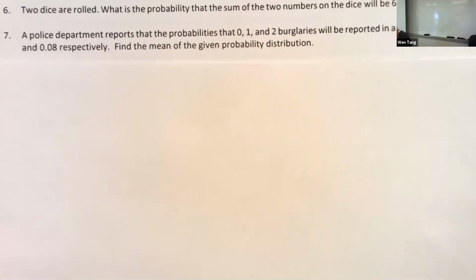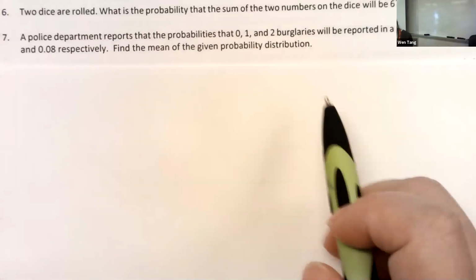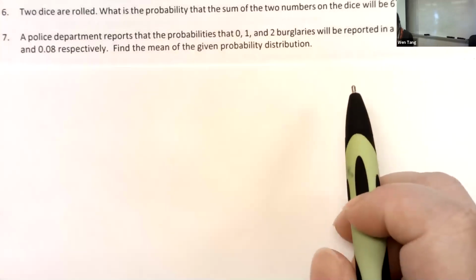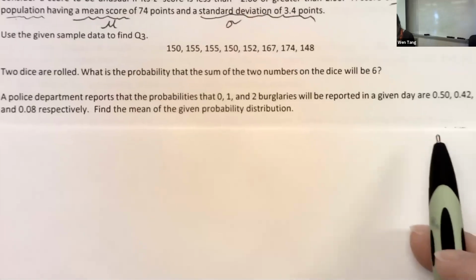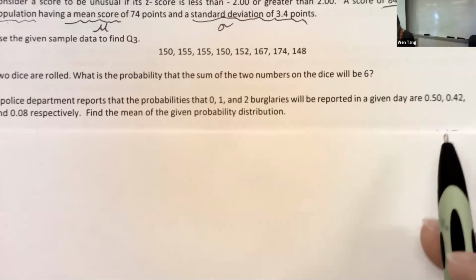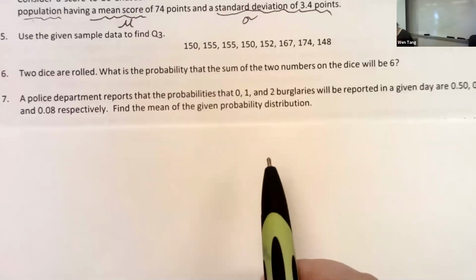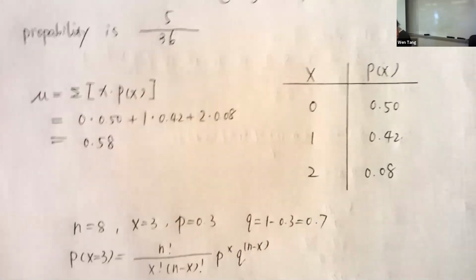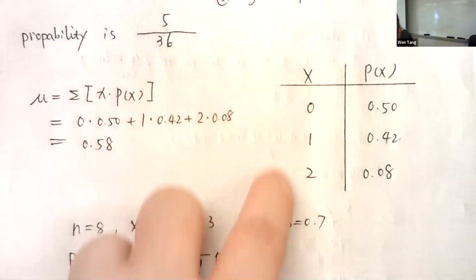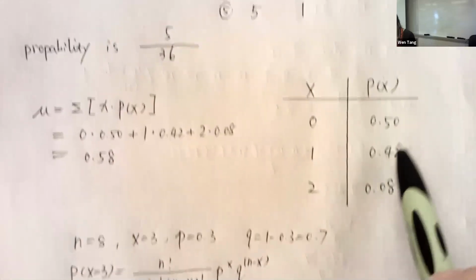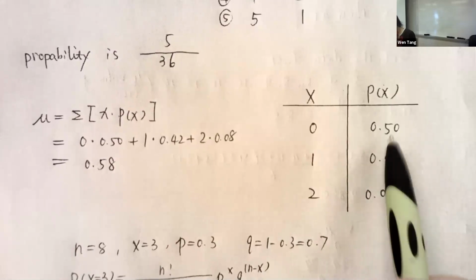From the original question, the X values are 0, 1, 2, and the corresponding probabilities are 0.5, 0.42, 0.08. So that's how we list the table.